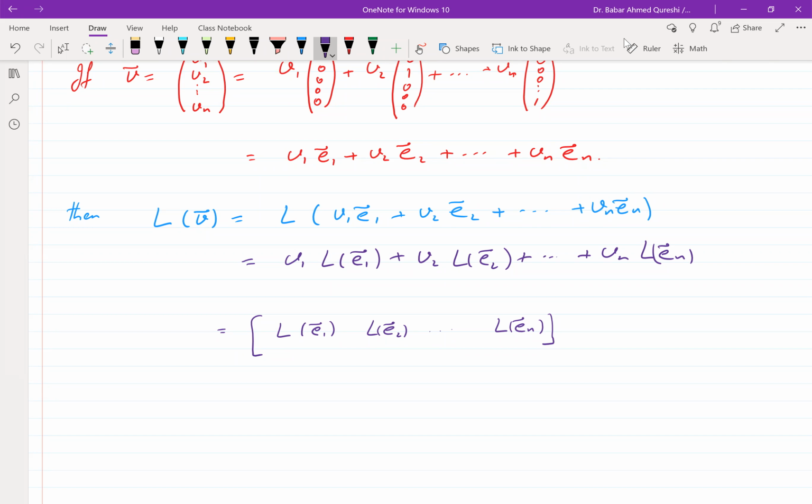So you have n columns and each has m components. So this is an m by n matrix.